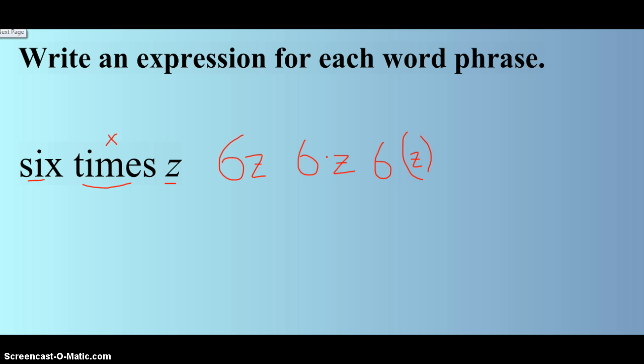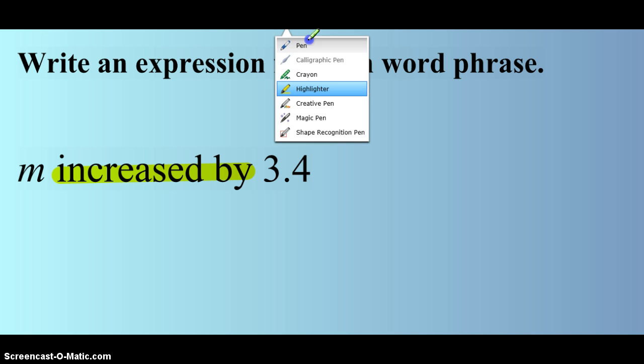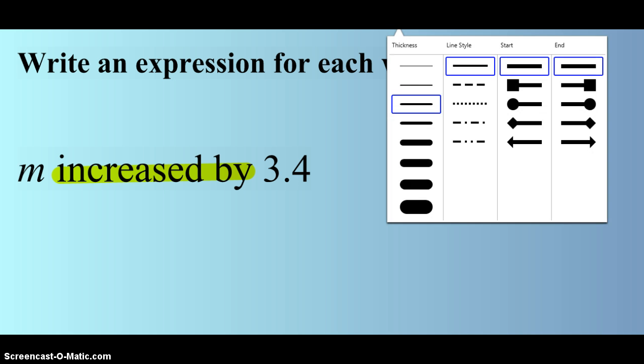Let's do another example. Copy this one down in your notebook. It says m increased by 3.4. Again, pause the video if you need to copy it down. Because then what we're going to do is we're going to look at this and we're going to decide, oh, okay, well, they're wanting me to increase something. And we know that increase by means that we are going to be adding.